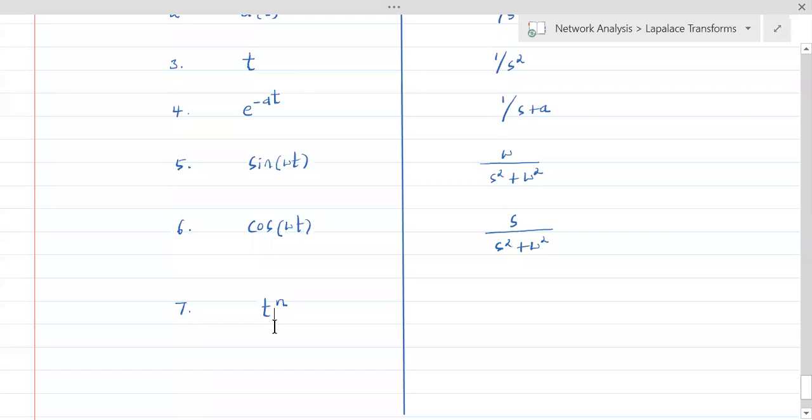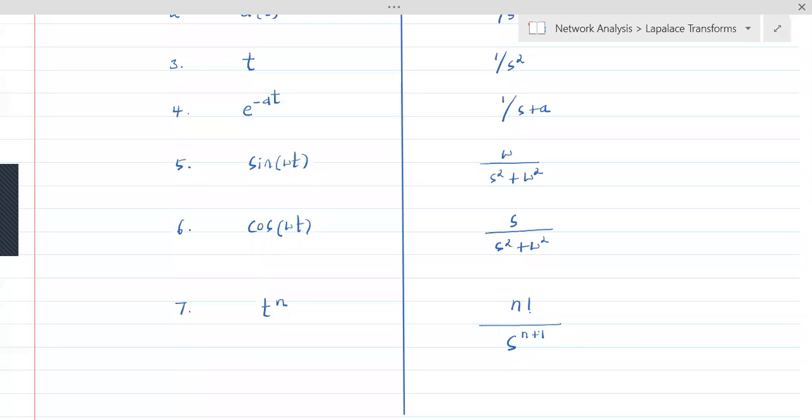What if we have powers of t? The Laplace transform of that is given by the power factorial. The power is n, right? So factorial of n divided by s to the power n plus 1. Okay, so this is the Laplace transform of powers of t.